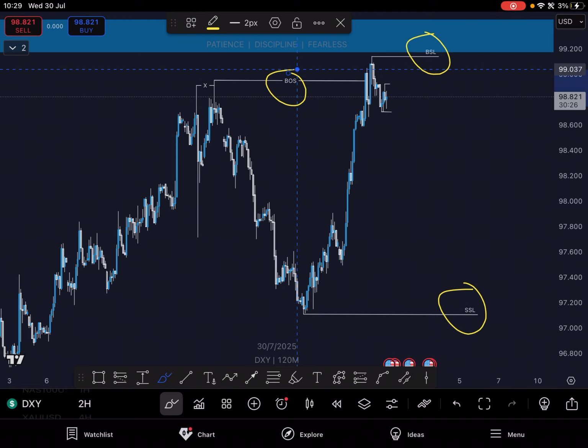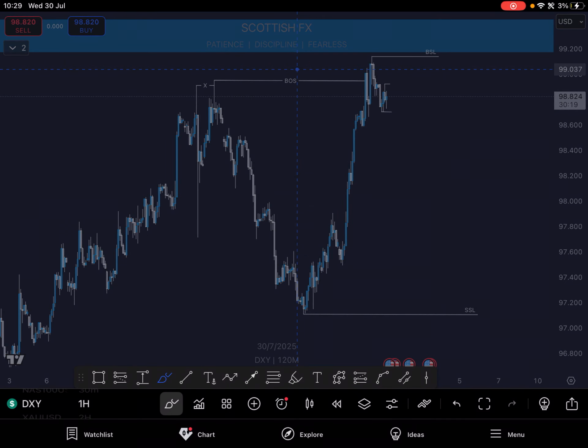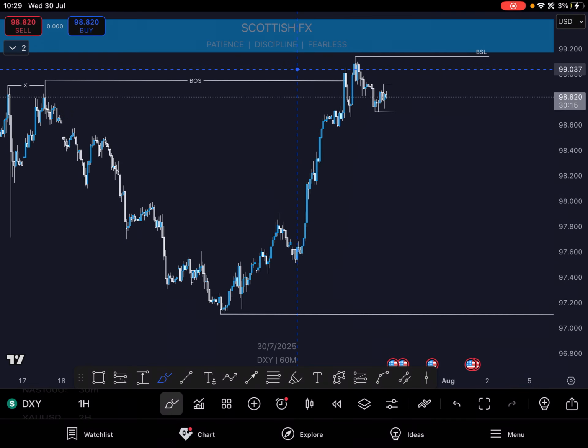So step 2, we're going to look for order blocks in the H1 time frame. Now let's move to the H1 time frame. Remember, fair value gap and order block go hand in hand. If your order block doesn't have a fair value gap, that means this is not a strong order block.